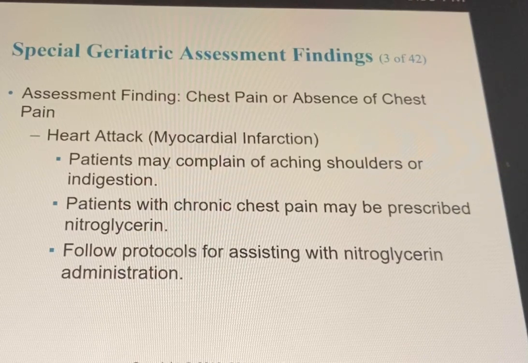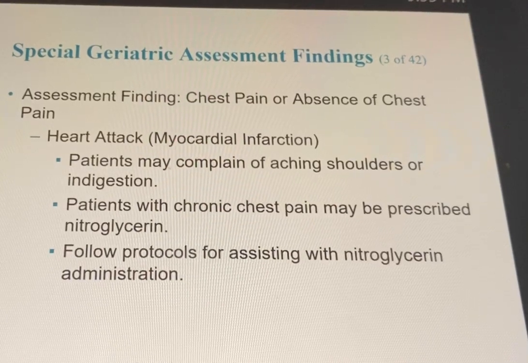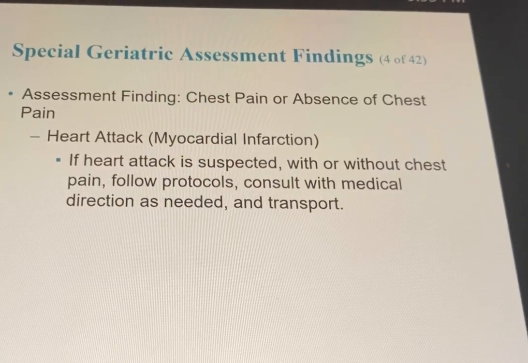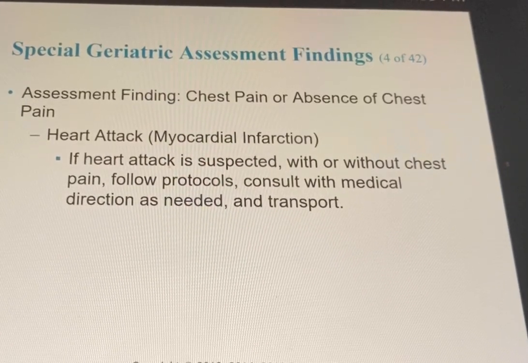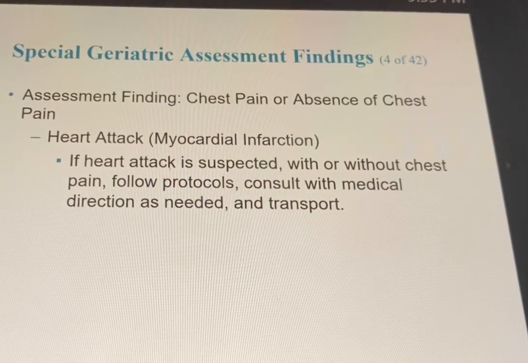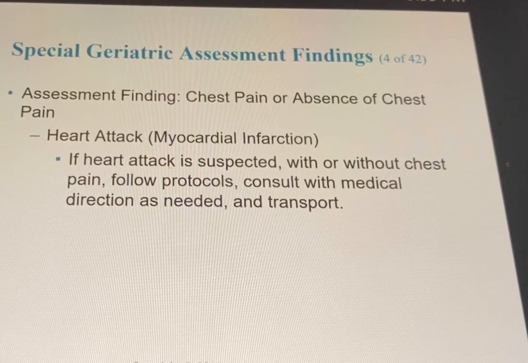Trouble breathing is also a common initial complaint, although 1/3 of geriatric heart attack patients never experience pain; aching shoulders, but indigestion is common. Emergency steps for a suspected heart attack are to administer oxygen via nasal cannula at 2 liters per minute if the SpO2 is less than 94, if there are signs of poor perfusion, hypoxia, heart failure, or the patient complains of dyspnea.